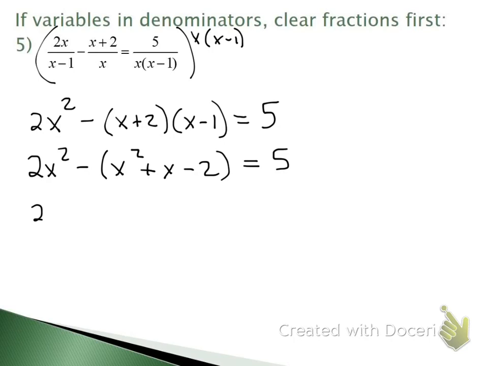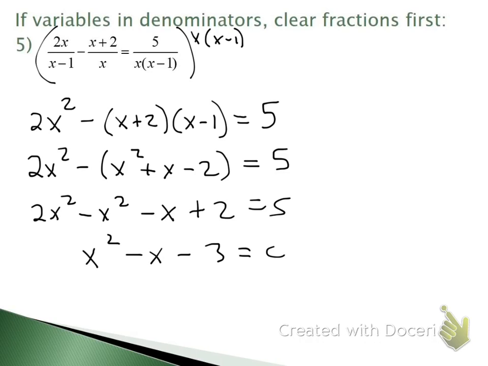So now it becomes 2x squared minus x squared minus x plus 2 equals 5. Which then gives me 2x squared minus x squared gives me 1x squared minus x, subtract the 5 over, so minus 3 equals 0.